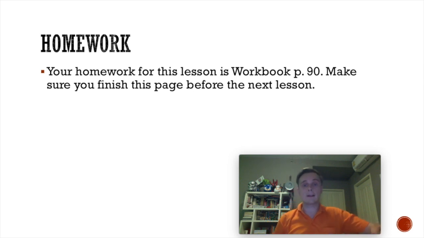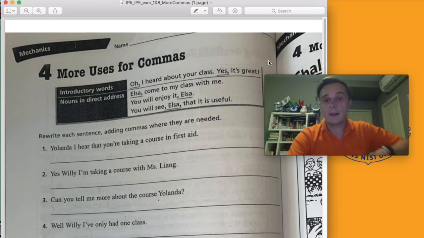Your homework tonight is to do workbook page 90. I'm about to explain workbook page 90 to you, but please make sure you finish it before the next lesson, which you should get on Tuesday. Okay, so this is workbook page 90. For those of you that have your workbook at home, you can just do this page in your workbook.